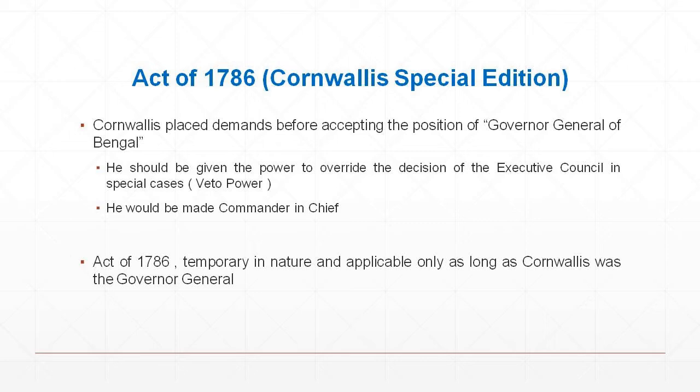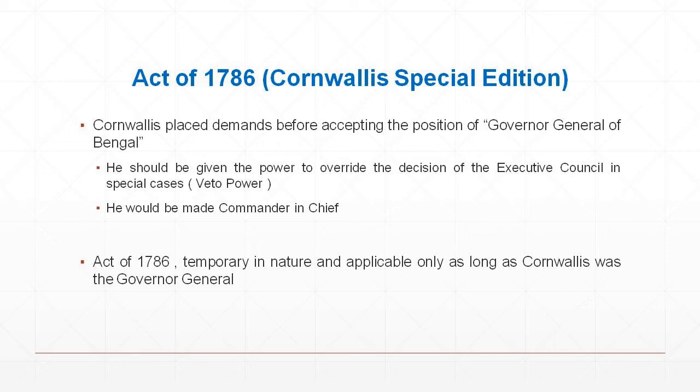But what Cornwallis demands is that he should be given the power to override the decision of his council in special cases. That is, even if all 4 members in the executive council are against him regarding any decision, he should still be able to override them, and then he can call it a special case. That's what happens in politics. So he should be given that power.